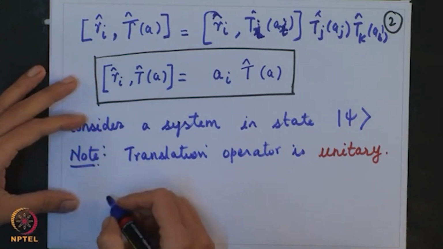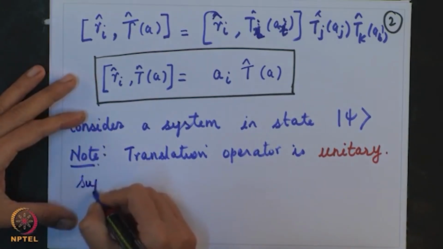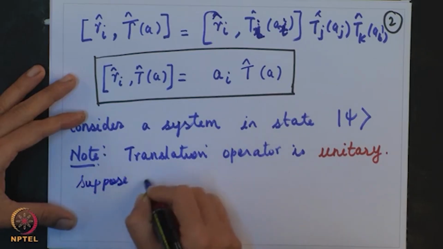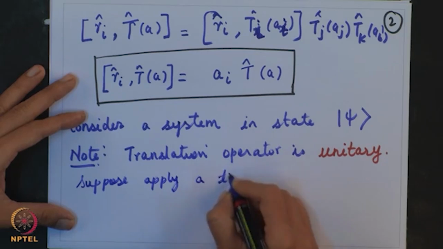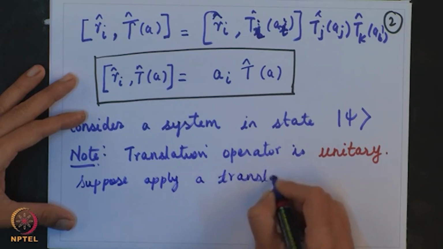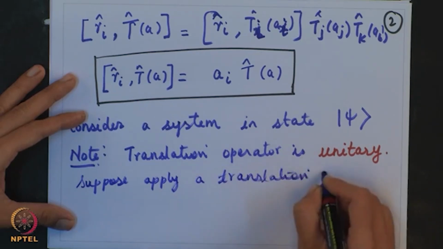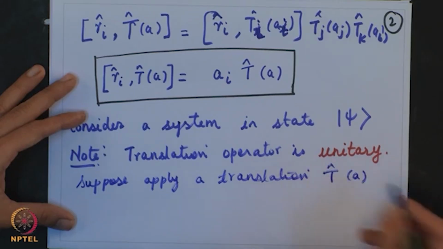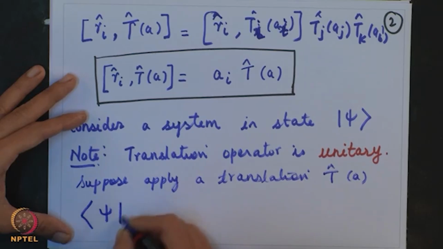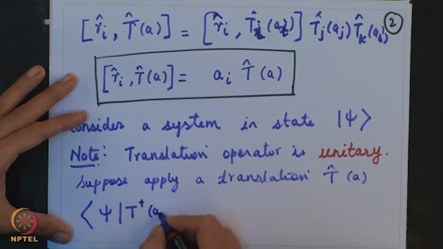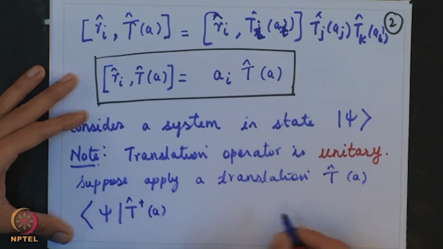And now, suppose we apply a translation operator, that is T(a), what do we obtain? So, consider T dagger(a) Ri T(a).